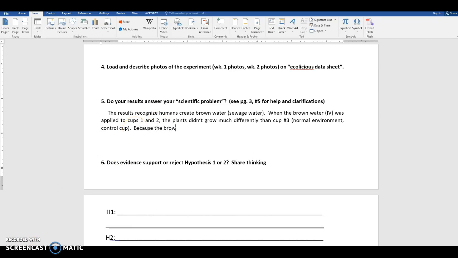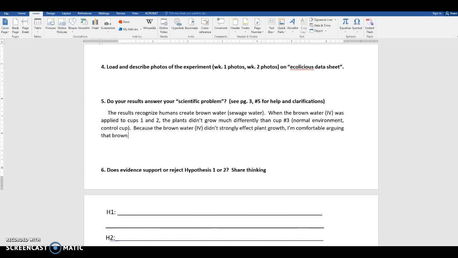Because the brown water, and that's our independent variable, didn't strongly affect plant growth, I'm comfortable arguing that brown water is not a negative or positive impact on local organisms in Burbank environment.